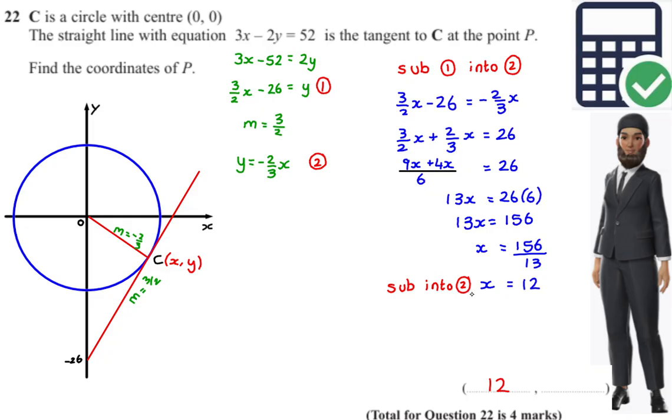We will get y is equal to minus 2 over 3 multiplied by 12. That's certainly going to be a negative, so it'll be minus 24 over 3, which simplifies to minus 8. 24 divided by 3 is 8, so therefore y is equal to minus 8.